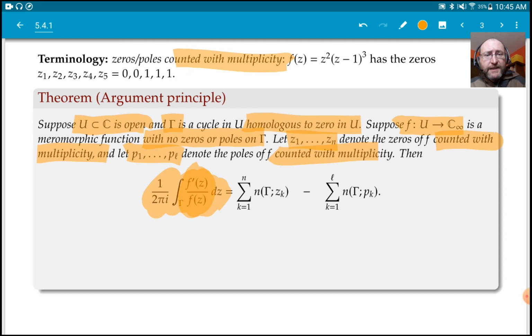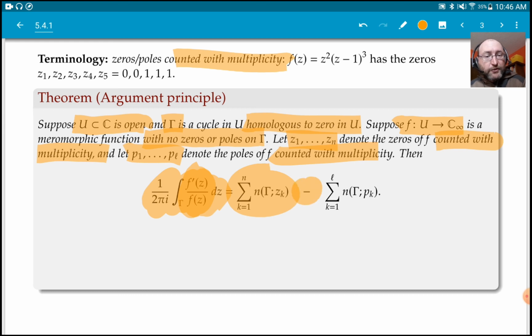That guy is, first we go over all the zeros, the z sub k's, and we sum all the winding numbers of gamma around those z sub k's. So if it doesn't wind around those z sub k's, they don't really matter. And if it winds twice, you put a 2 here. And in the simple case, when gamma just winds once around the z sub k's, you're just counting those zeros.